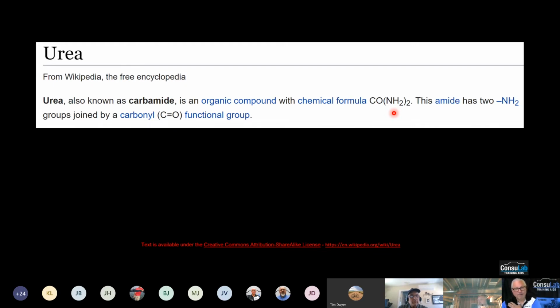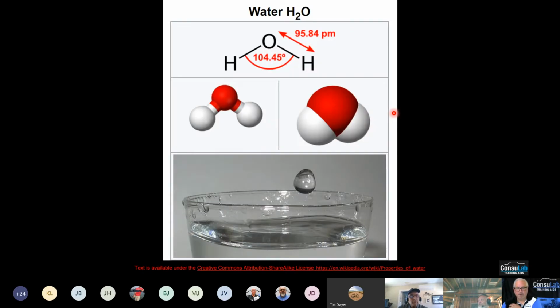I actually love chemistry, but we're not going to go there today because I'm not that great at it, but it's also a great thing that I learn every time. So urea, and then of course we know this one, right? This is just common water. I would guess that it's deionized or some very pure form of water.